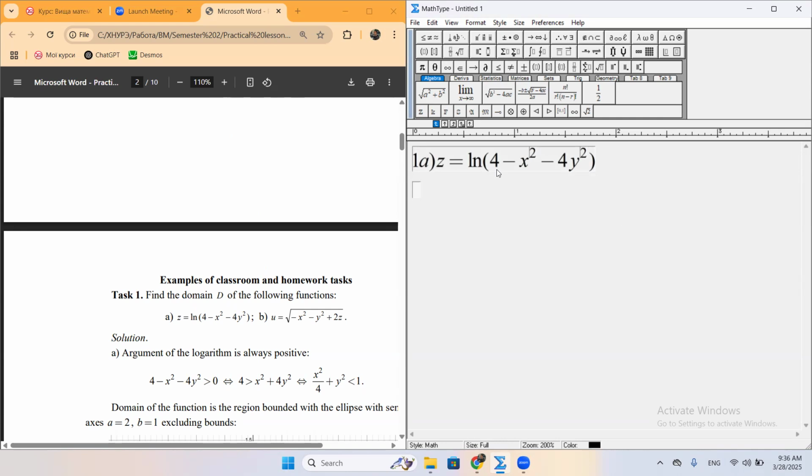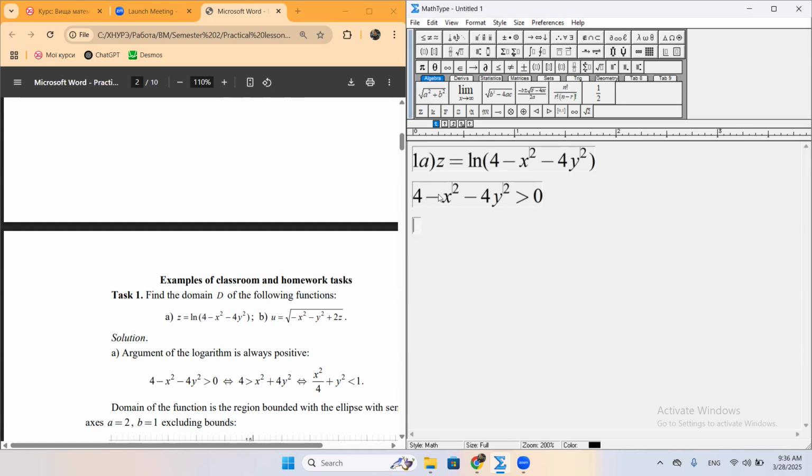We know that argument of the logarithm is always positive. So it cannot be 0, it can be only greater than 0. So now let's modify it a little bit to understand the domain better.